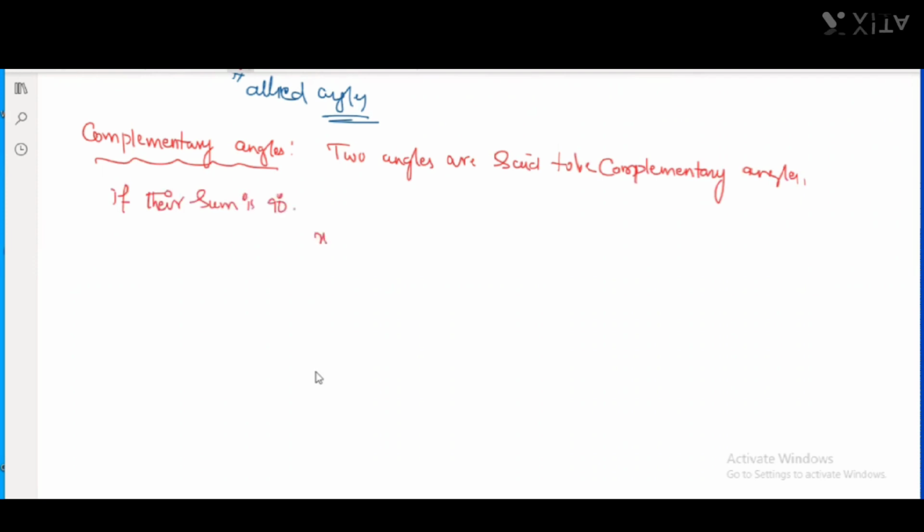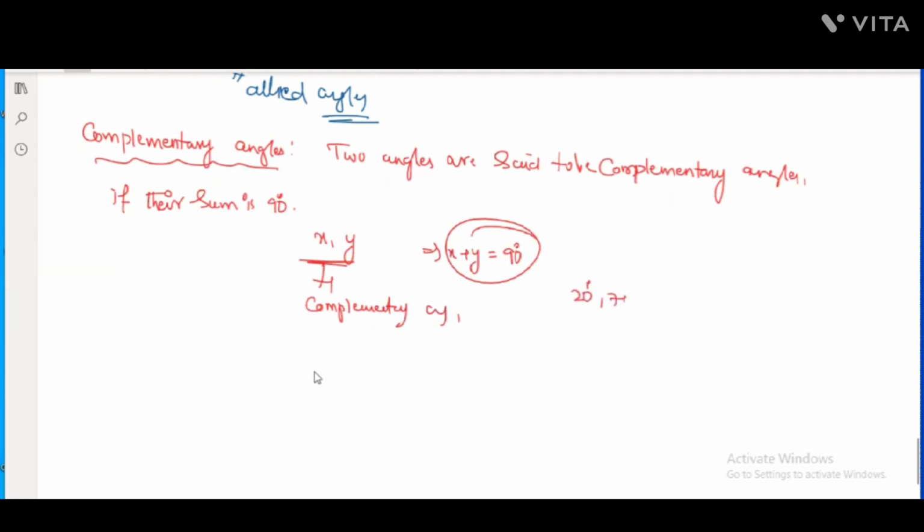That means if I take two angles x and y, and x plus y is 90 degrees, then these two angles are called complementary angles. Simple examples are 20 degrees and 70 degrees, 30 and 60, or 40 and 50. These are all called complementary angles.